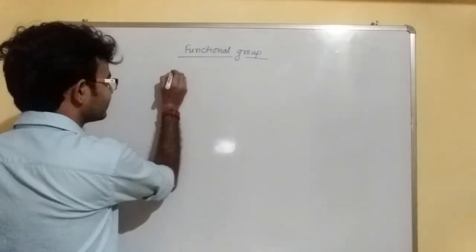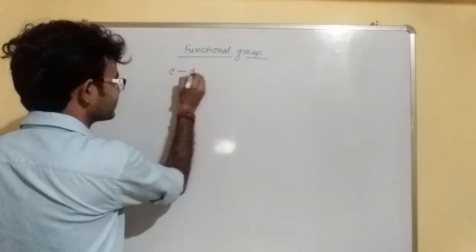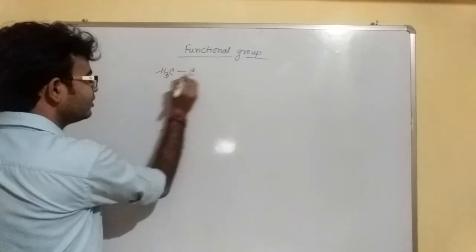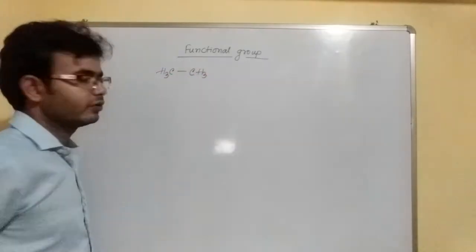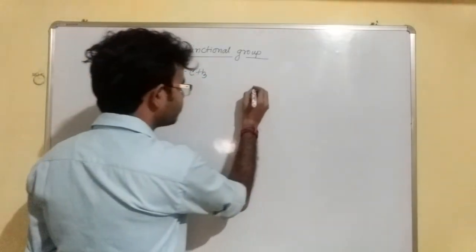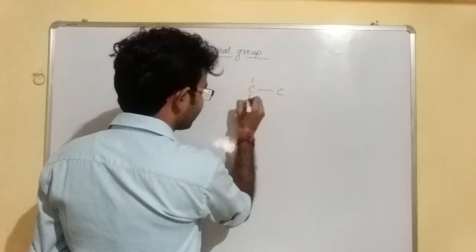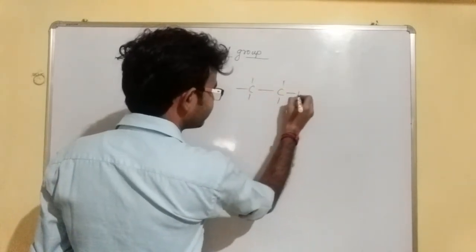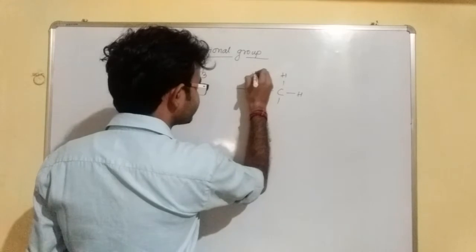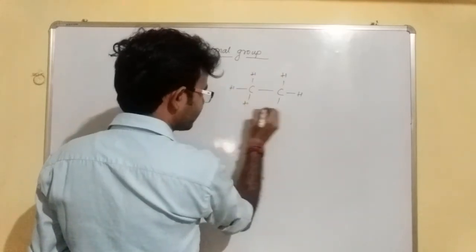Suppose a carbon chain is like this. Here it is CH3, CH3. Here two carbons are connected directly with 3 hydrogens each.